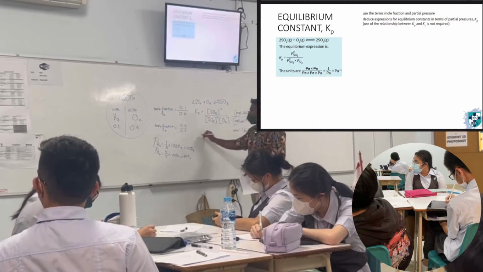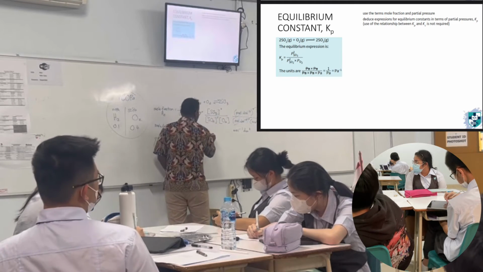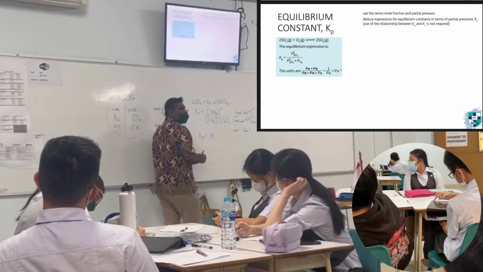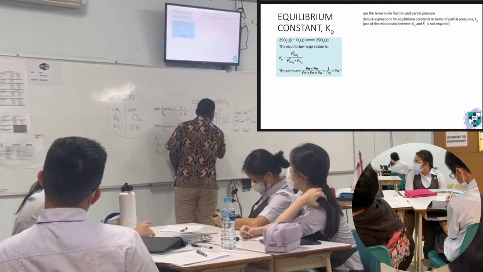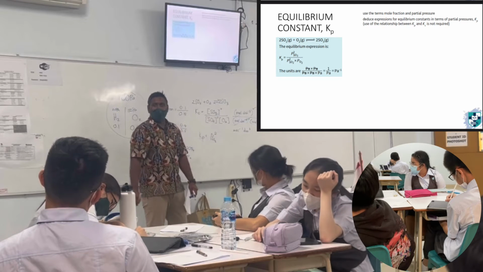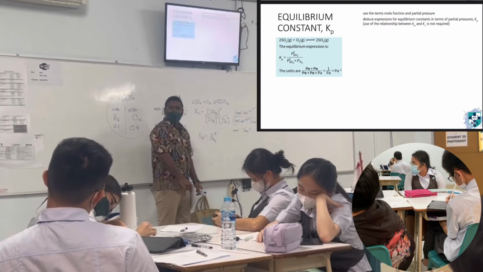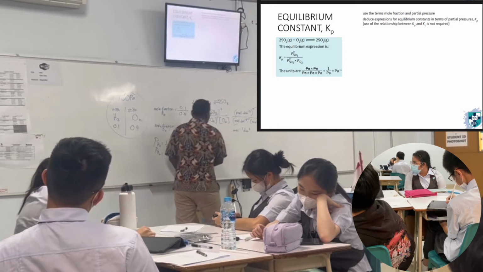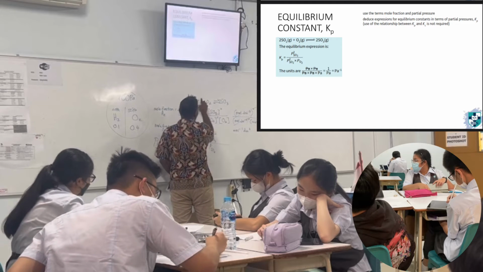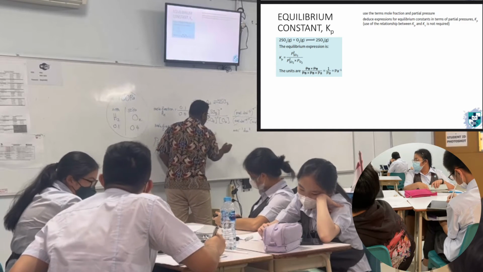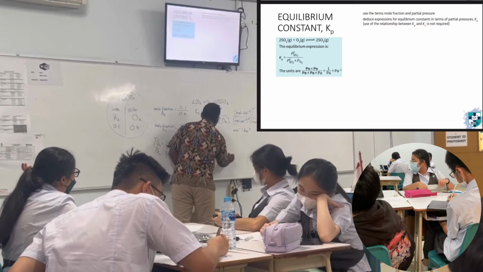And if I want to use Kp, it's similar, but you just need to change to partial pressure, P. Partial pressure of SO3 to the power of 2, similar to concentration to the power of 2, divided by partial pressure of SO2 to the power of 2 times partial pressure of oxygen to the power of 1.